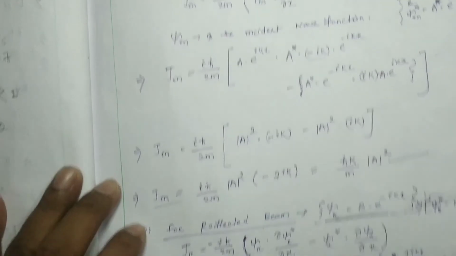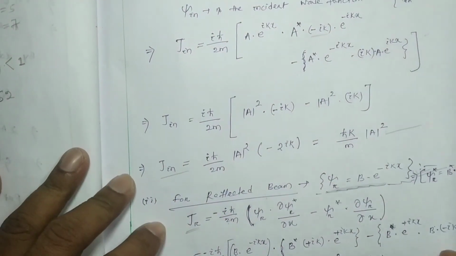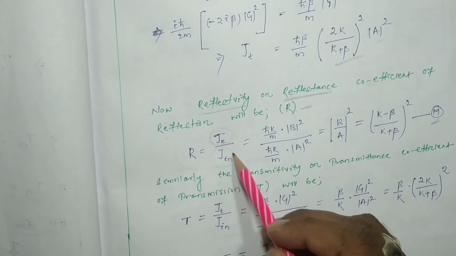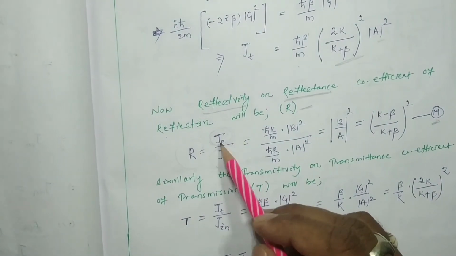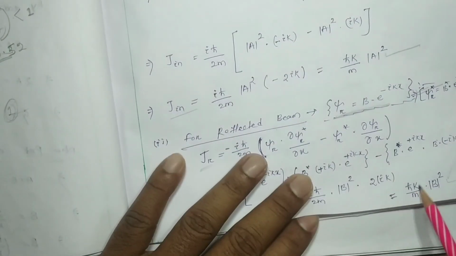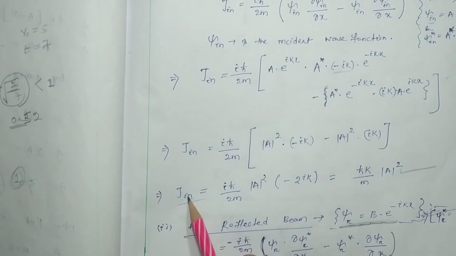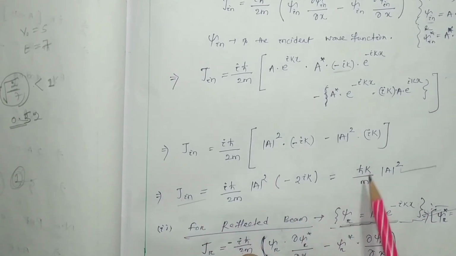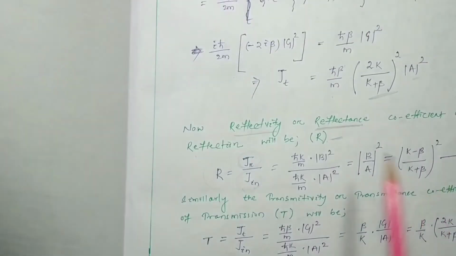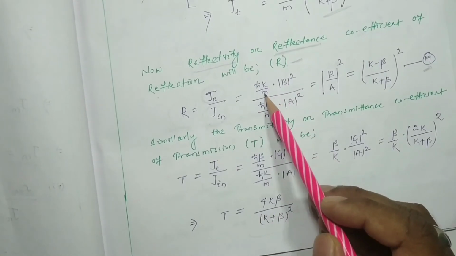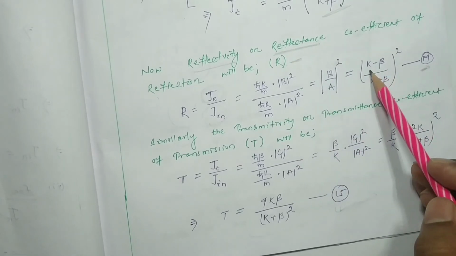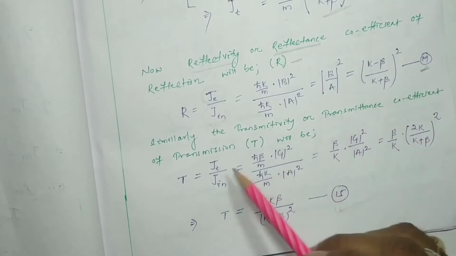That is J_R, which we found, ħk/m into |b|², and the current density of the incident wave is ħk/m |a|². So it will be ħk/m |b|² divided by ħk/m |a|², which is ((k−β)/(k+β))². Let it be equation number 14.